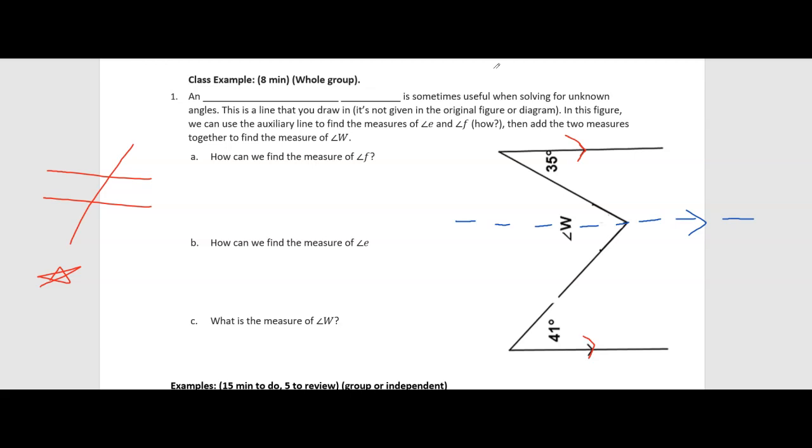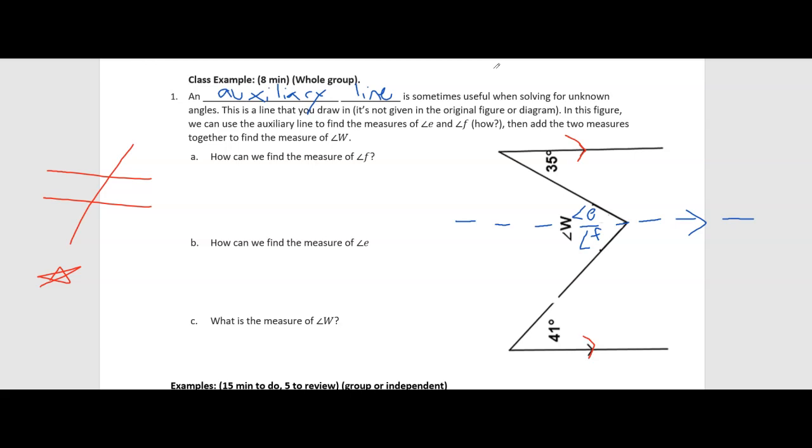We've broken W up into two angles. We're going to call those angle E and angle F. All right. So this is called an auxiliary line. And these are sometimes useful when solving for an unknown angle. This is a line that you draw in. It's not given in the original figure or diagram.